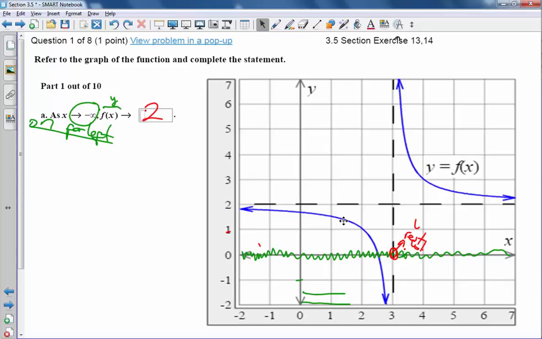At 2, the function becomes 1. Look, there is no interruption at 2. At 2, I have this value. The point is 2, comma 1. Nope, the function is well defined at 2.